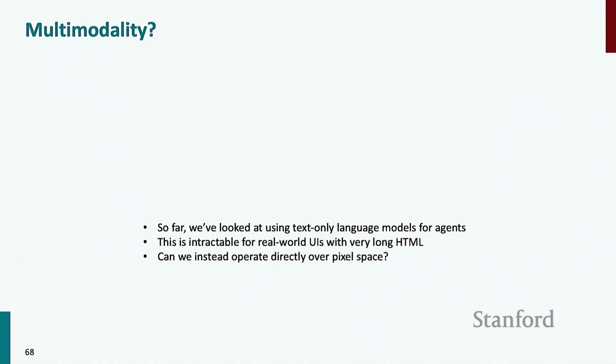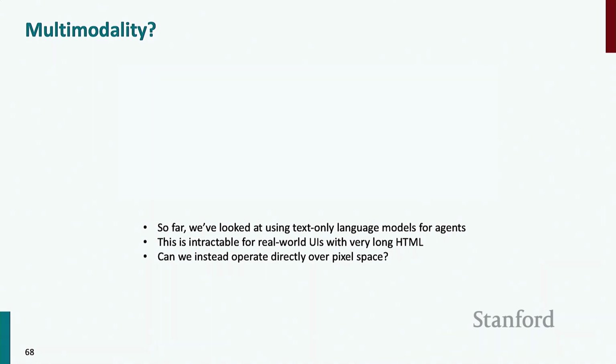But so far, we've only looked at text, right? But maybe for real-world applications, it's intractable to, for every environment, obtain the HTML and feed that into the language model's context. Sometimes there can be tens of thousands of DOM elements and then corresponding JavaScript, and inputting all that into the language model's context could be intractable.